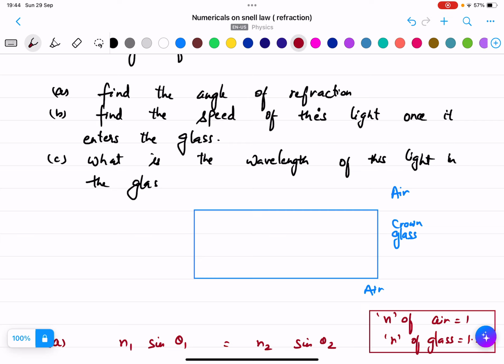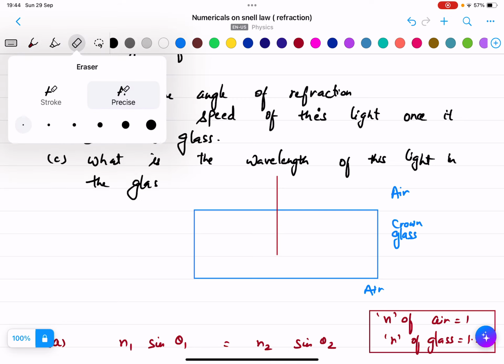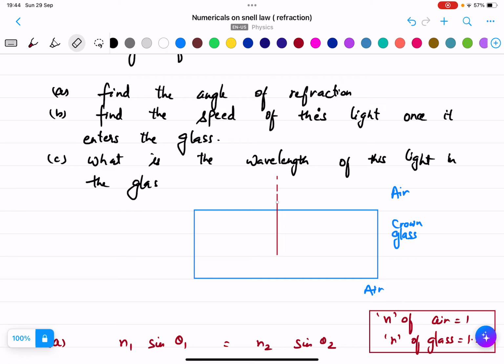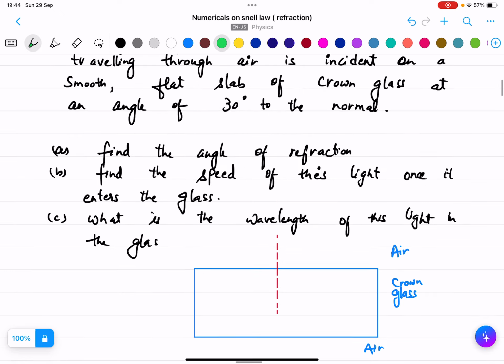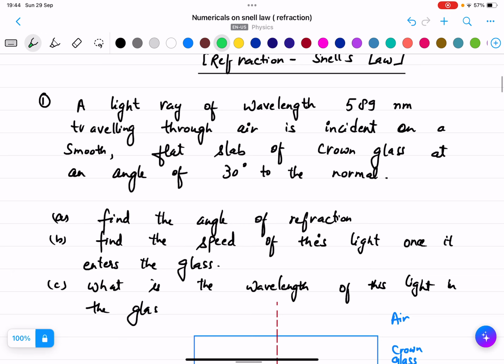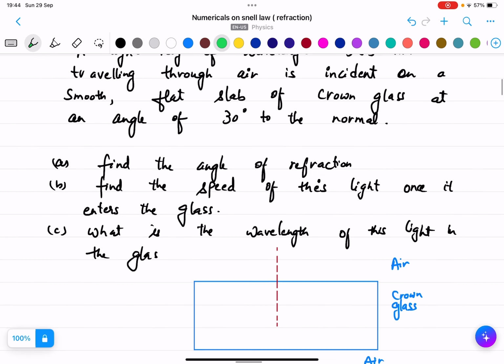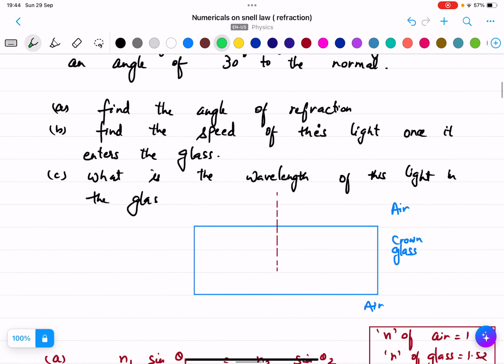After that you need to create a normal line like this. When you are creating the normal line, I've explained you normal line must be dotted. Now we need to see the light ray is making an angle 30 degree to the normal. So this angle is 30 degree.